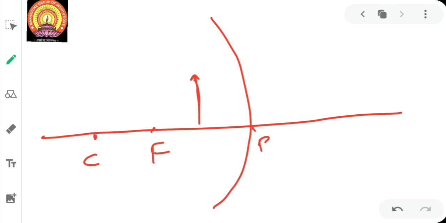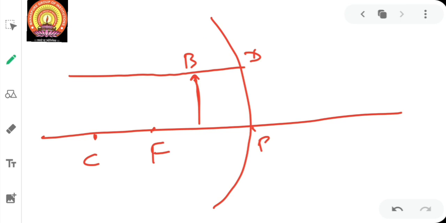As we all know, according to rule 1 which we used yesterday, if the incident ray is parallel to the principal axis, suppose there is one incident ray which is parallel to the principal axis, call it ray BD, just assume.